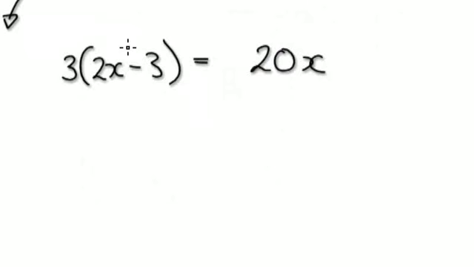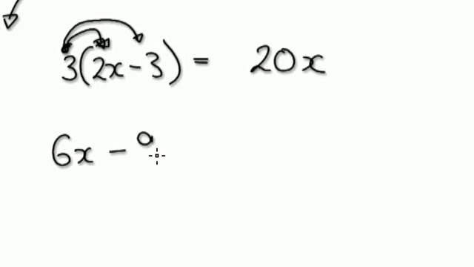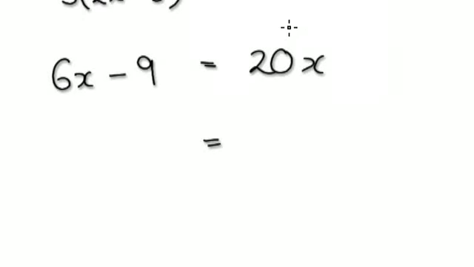Okay, and now break this up here. So this times this will be 6x, and this times this will be minus 9, equals 20x. Now it's like you having 20 bags on this side and 6 bags on this side.